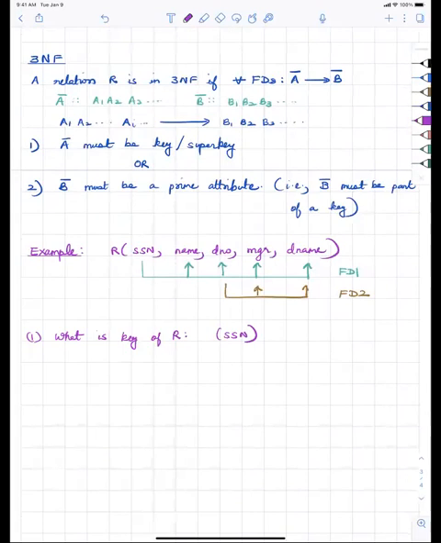So you have D number going to D name and manager, that's FD2.